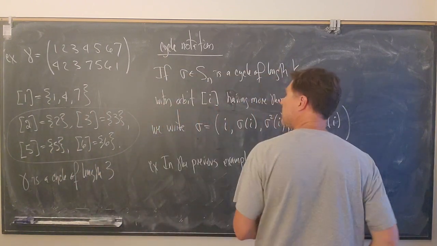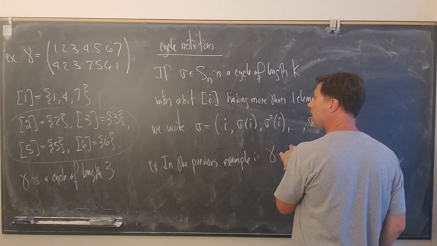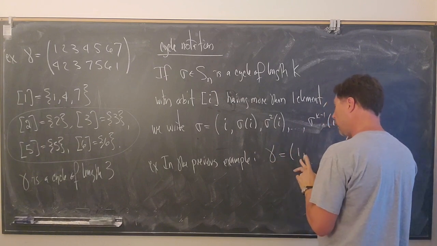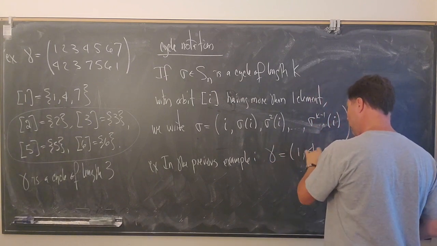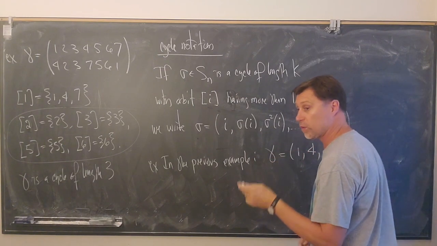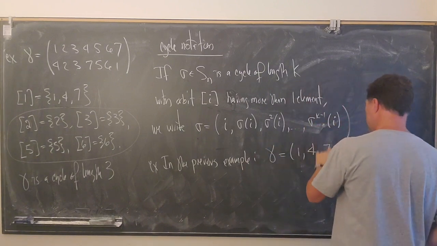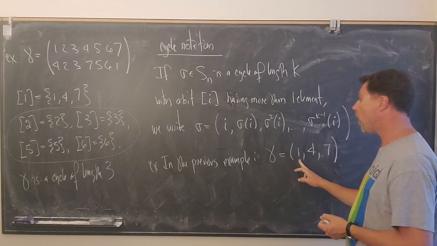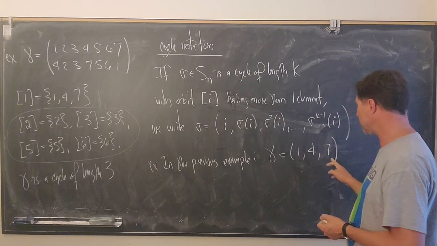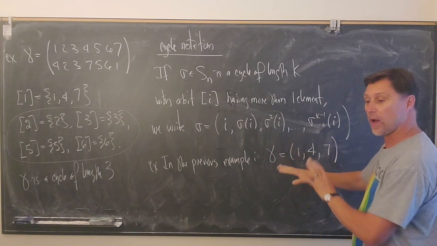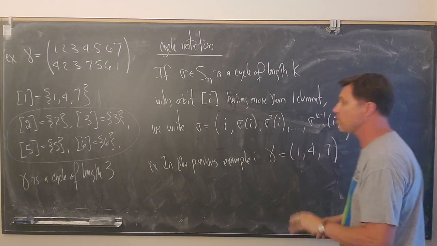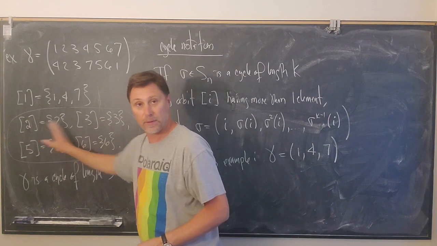So we could write gamma equals 1, sigma of 1 is 4, sigma of 4, which is sigma squared of 1, is 7. And so this tells us gamma is a cycle. It takes 1 to 4. It takes 4 to 7. It takes 7 back to 1. That's how you interpret this. And if you don't see a number in here, nothing happens to it.